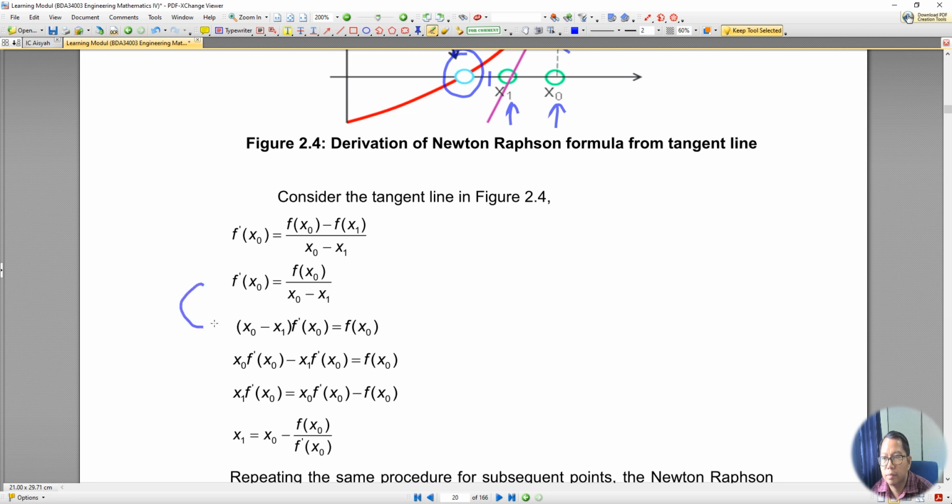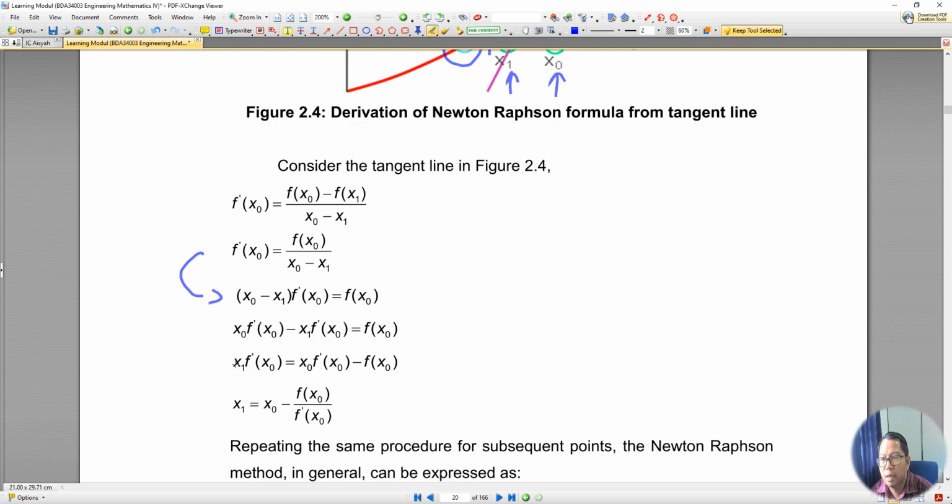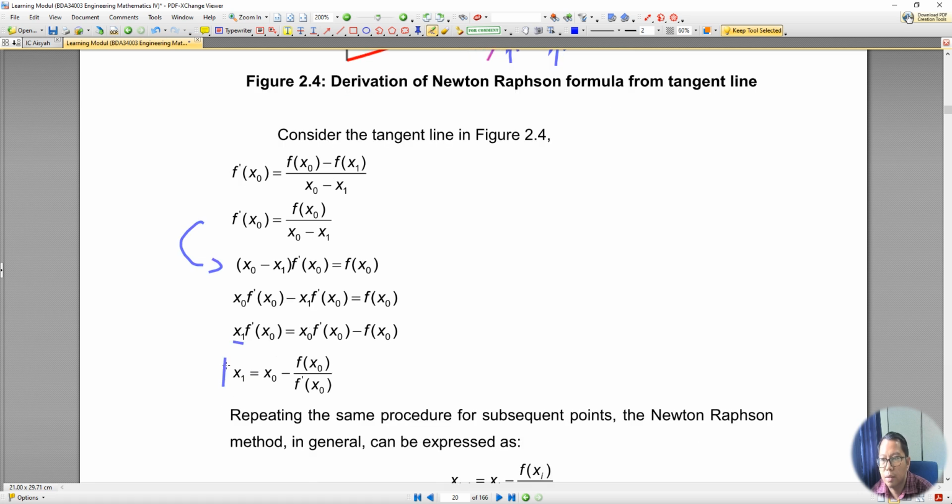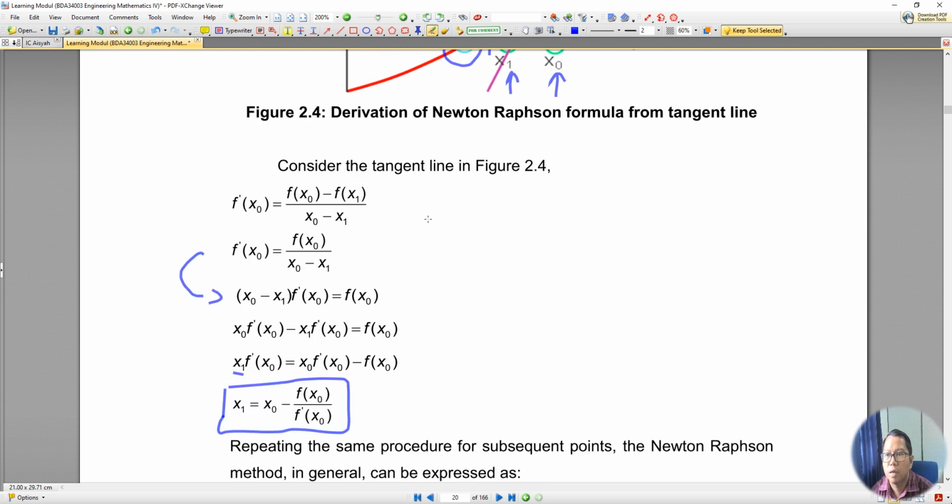Since f of x1 is zero at the root, f prime of x0 equals f of x0 divided by x0 minus x1. Then we expand the equation and finally get the formula. I will explain in detail using an exercise later on.